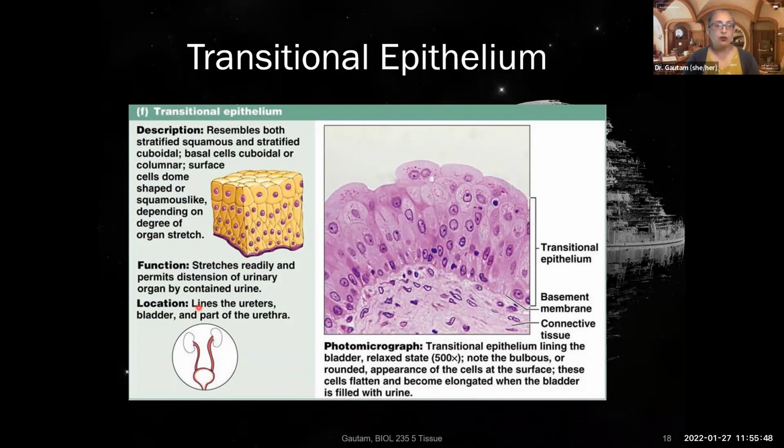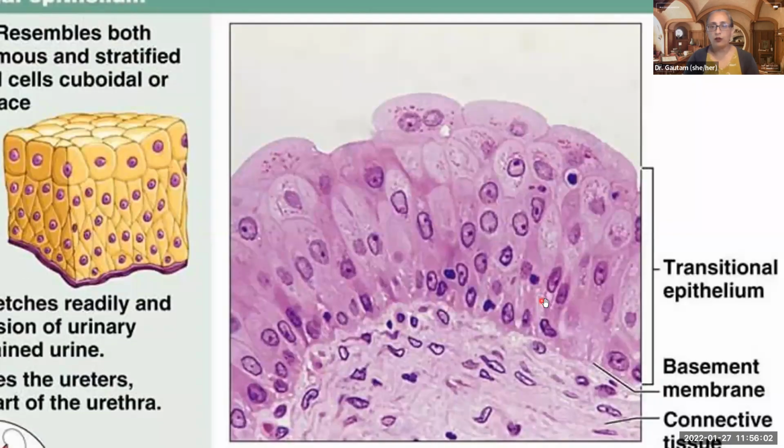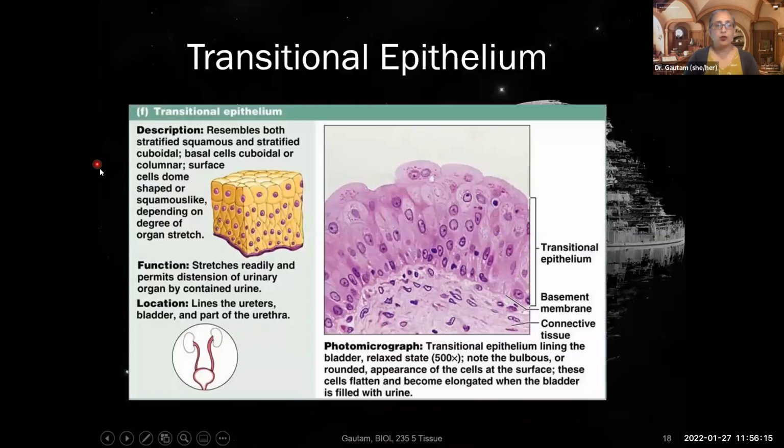These are just examples, it's not the only place. In your textbook, you'll see different places where you would find transitional epithelium. And this is a great micrograph. Notice here they're more column shaped towards the basal end, even cuboidal shaped here. And then as you get towards the top, they kind of flatten out and become more squamous-like.